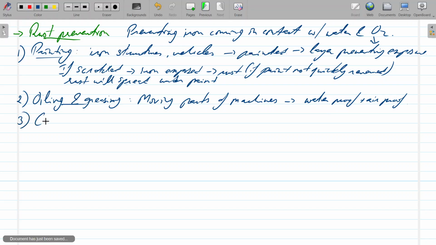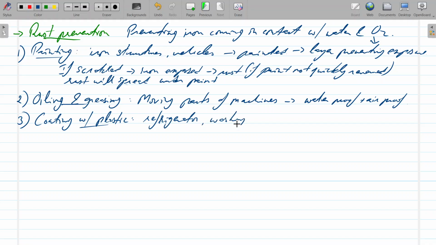Then there is coating with plastic. So you've got your refrigerator and your washing machine and your toaster, and all of these have a plastic coating outside.